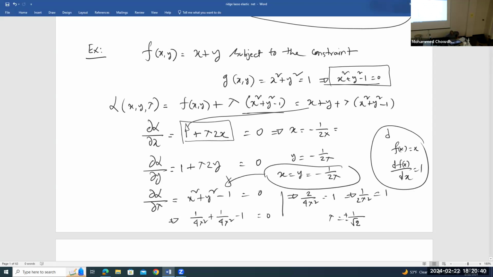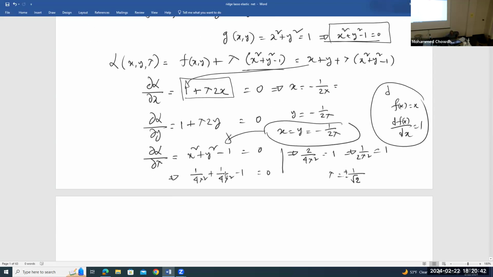So what will you have? You originally have these things. If you plug in there, originally you have with the differentiations, you have these things: dL/dx, dL/dy, dL/d lambda.